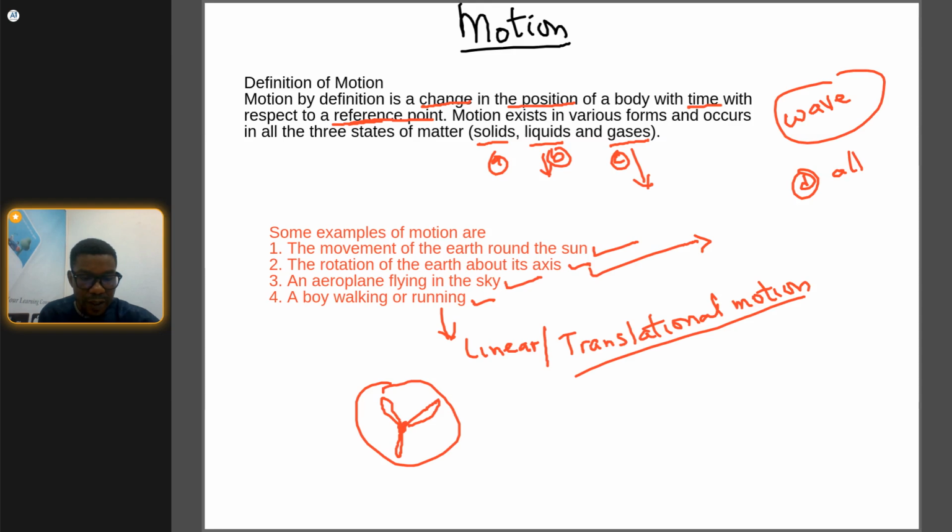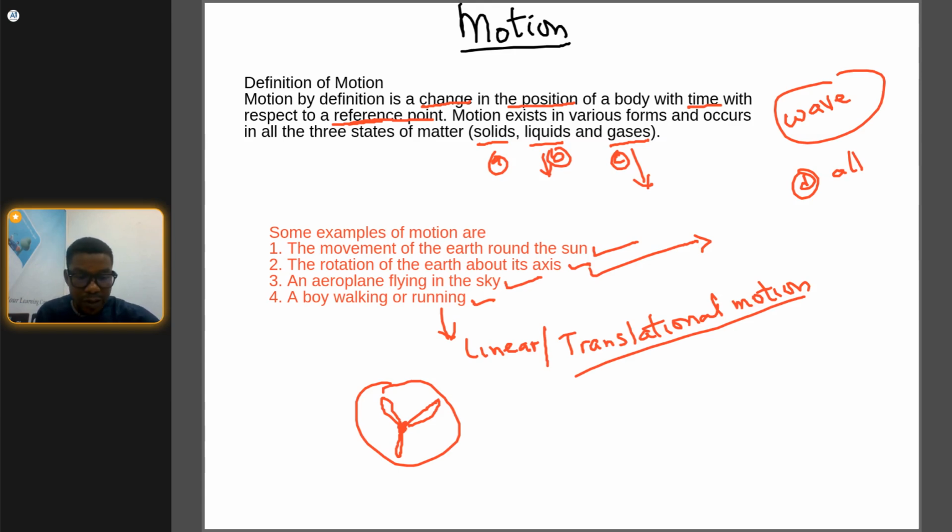It keeps moving around the same movement, but this point still remains intact. It's not because it's moving around that it will move from that point of axis to another. No, it remains like that.